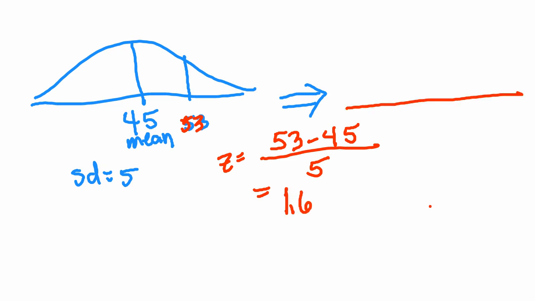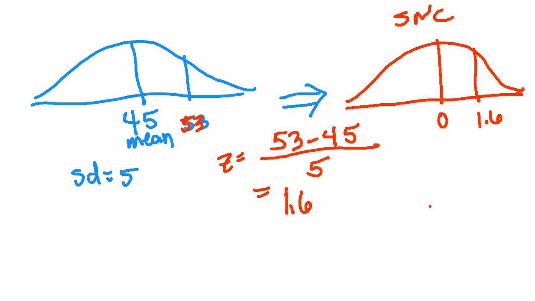So on this standard normal curve, if the mean is 0, 1.6 is about right here. We can see on this graph that's about where this score is.